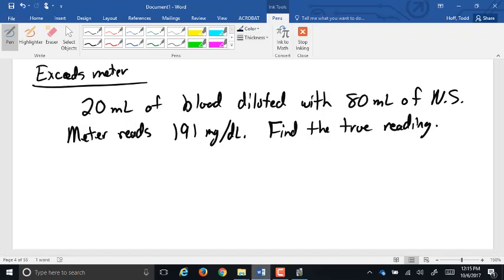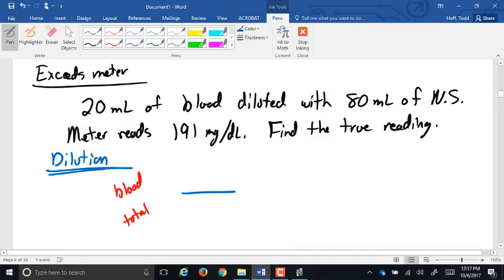I'm going to pause and give you guys a couple minutes to find this. See how you did. So the first thing we have to do is find what dilution was created here. The dilution is blood to total. Our blood is 20 milliliters. The total, yes, will be 20 plus 80, which is 100 milliliters.